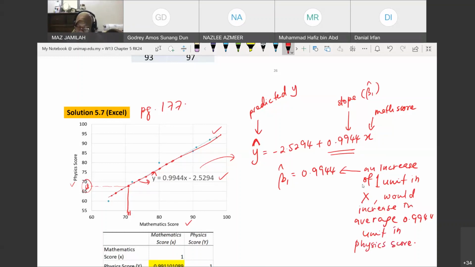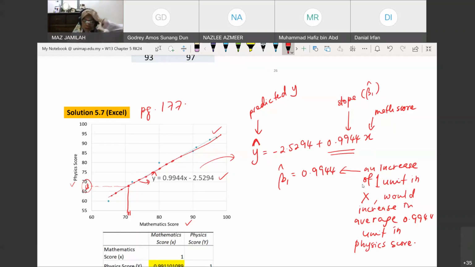It means that if you get an additional 1 unit for your math score, it will affect an increase of 0.994 in your physics score.